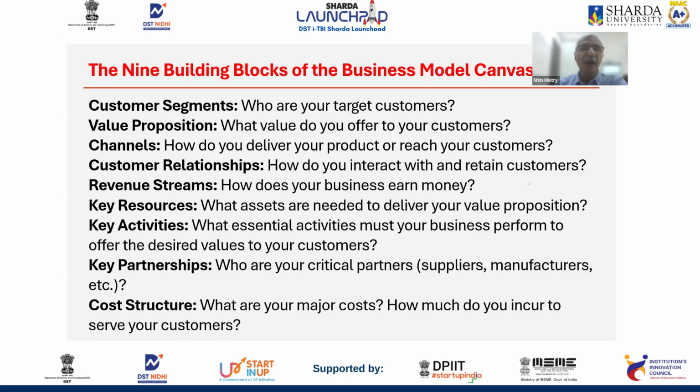Your suppliers can be partners, or a manufacturer of certain items from whom you buy something. Those are your key partners. We'll go through each block in detail. And cost structure, what are your major costs to do the entire activity and to provide a value proposition? What are the different costs you will incur to serve your customer? So these are the 9 blocks, right? I hope everything is clear. And now we go one by one.